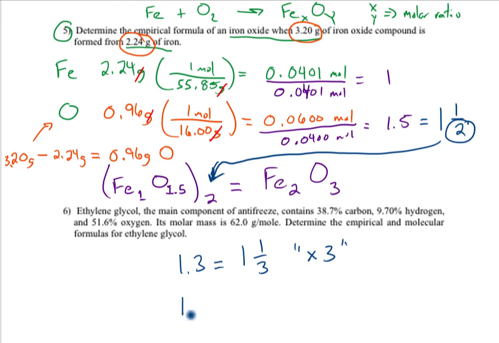Another common one is 1.25, and that is 1 1/4, and so you would multiply by 4 all the way through the expression. And so 0.5, 0.33, 1.25 or 0.25 are the most common ones that you're going to come across.